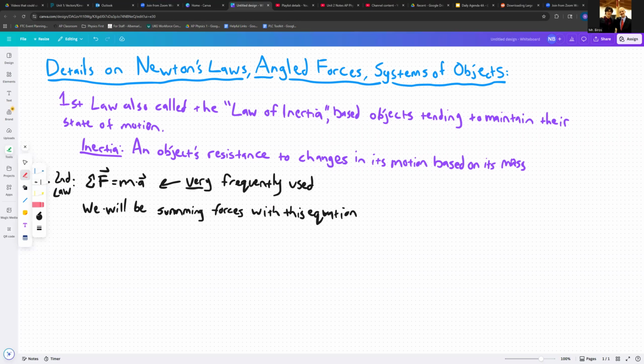What that's going to do then, which tells us the total or net force. We talked a little bit about net force.